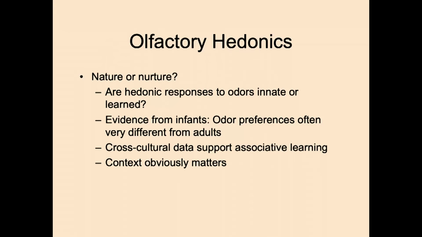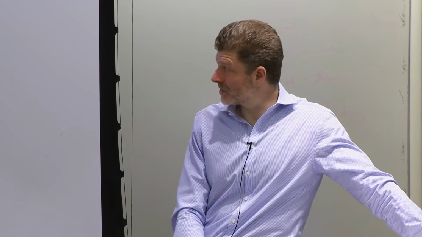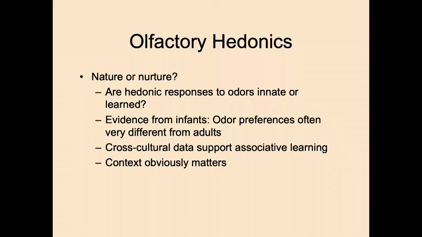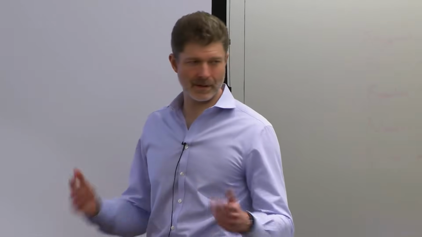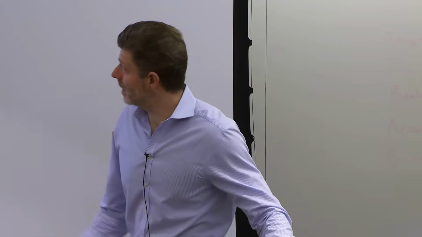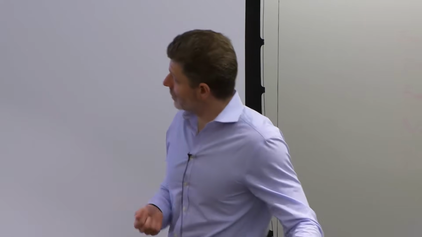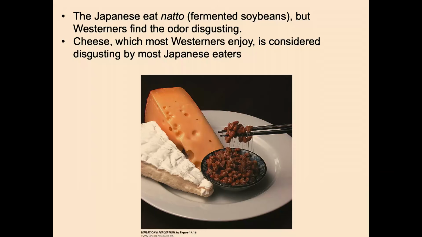So infant odor preferences, anecdotally, often seem to be very different from adults. There's also cross-cultural data that support associative learning. There's just all these examples that people know about of foods that in some cultures are considered to be delicacies. The example shown here is the Japanese food of natto.